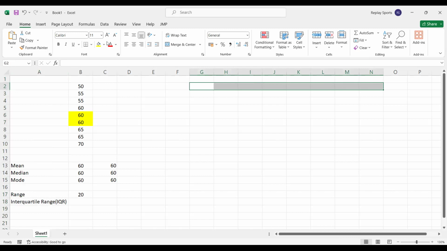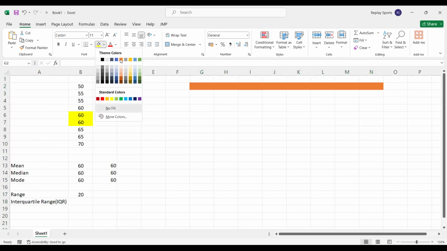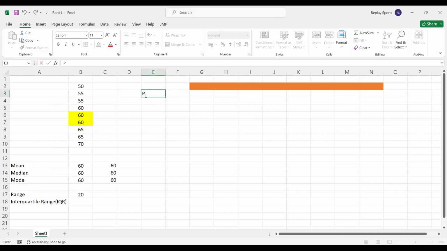Percentile is dividing the data into 100 parts. When you hear percentile, quantile, quartile, and median, this is an extension of the concept of median. Quartile and percentile are extensions of median.